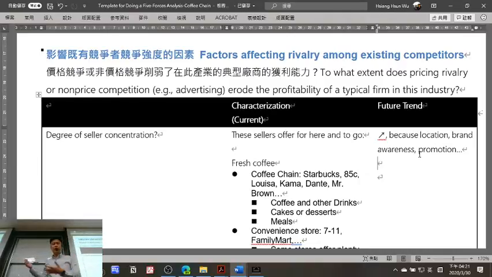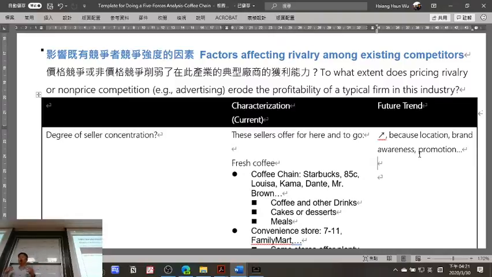Why? Because the overall operation costs are increasing, like rents and brand promotion. You have to do a lot of promotion, and you have to do aggressive marketing campaigns to attract the customers.